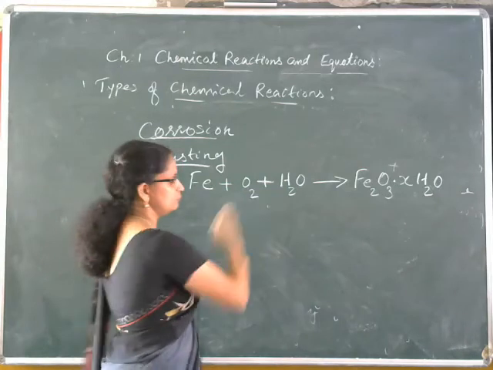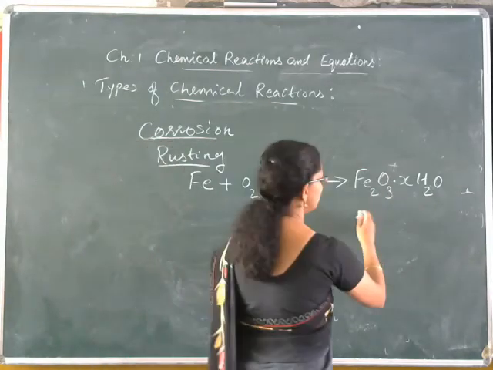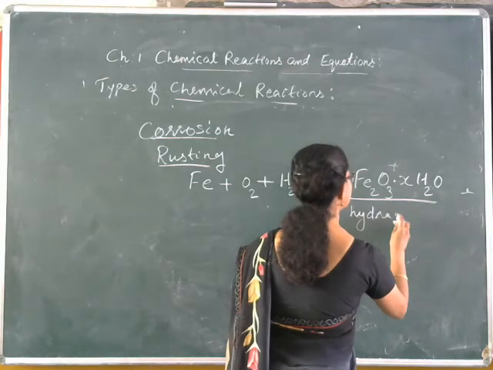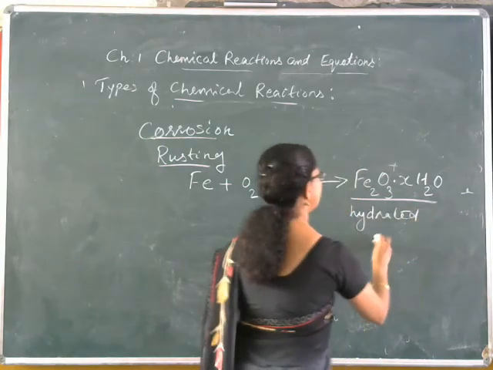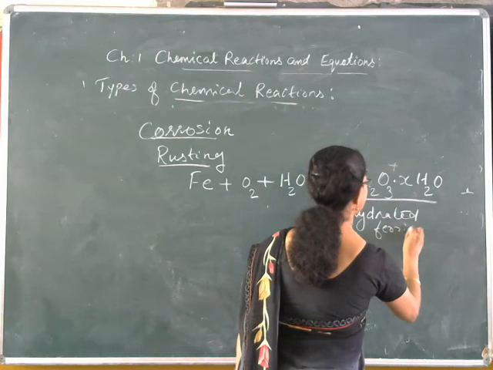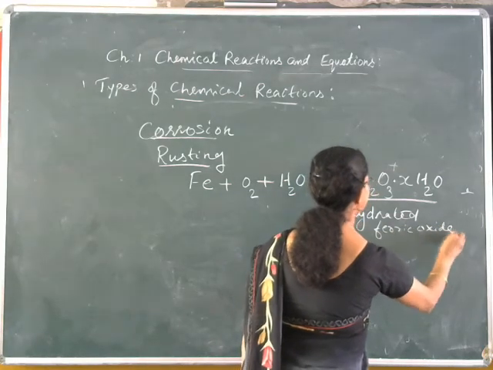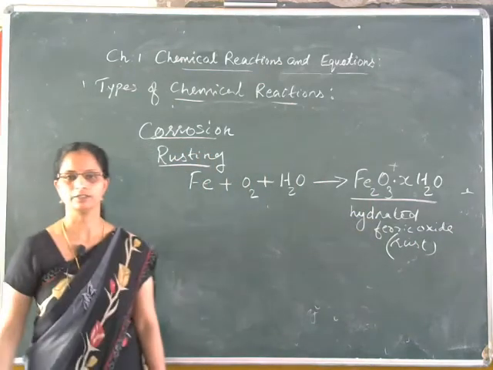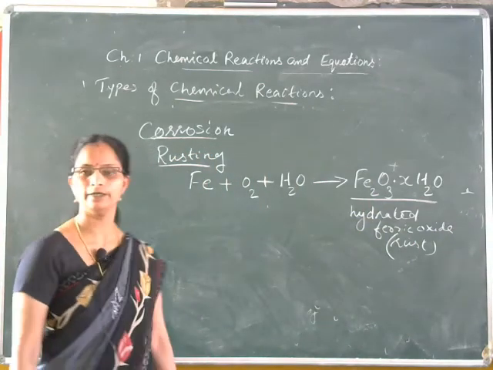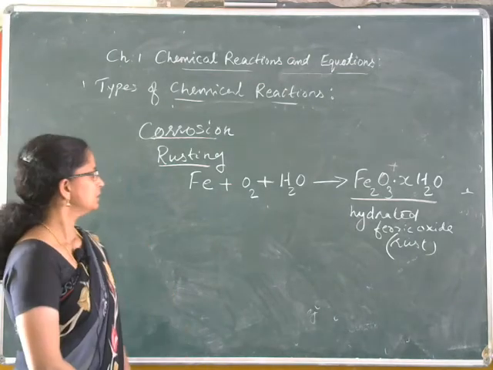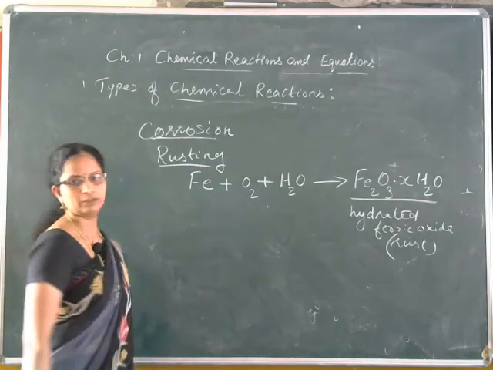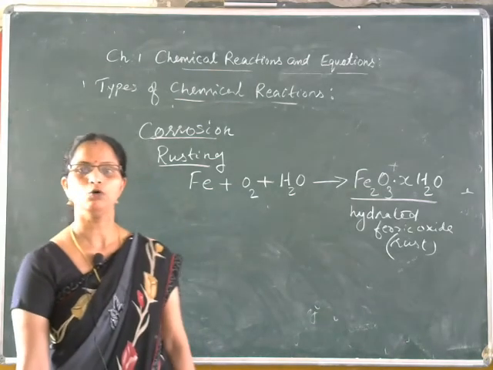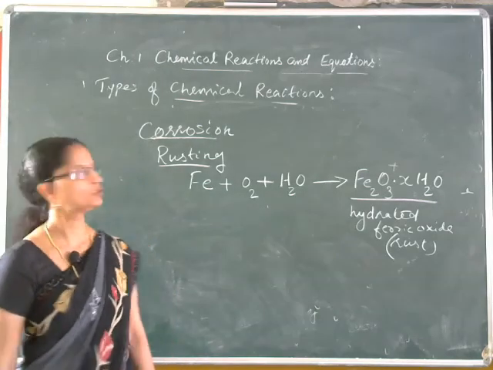According to the amount of moisture present, this x number can change, and this is known as hydrated ferric oxide. Hydrated ferric oxide is commonly called rust. Due to that, the quality of the iron is reduced. How can it be prevented? There are many ways. Commonly the iron particles are painted, or oiling or greasing is done to prevent rusting.